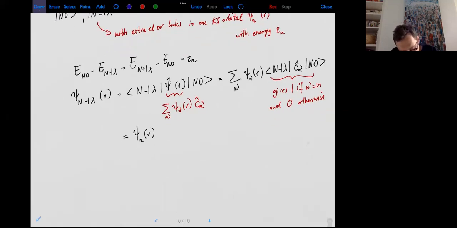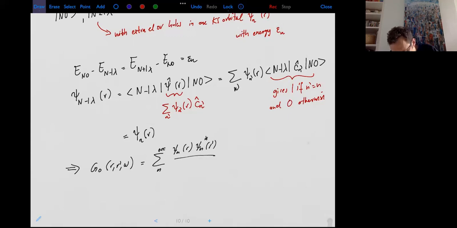And then we get the following expressions for our non-interacting Green's function G0 in frequency space. We have basically the hole term, which is a sum over the occupied orbitals, and then an electron term, which is a sum over the unoccupied orbitals.